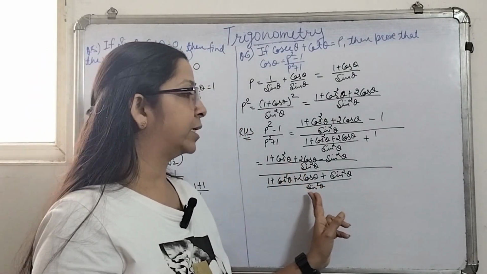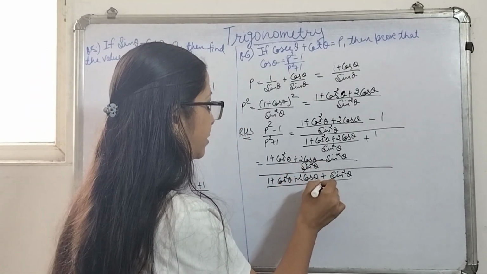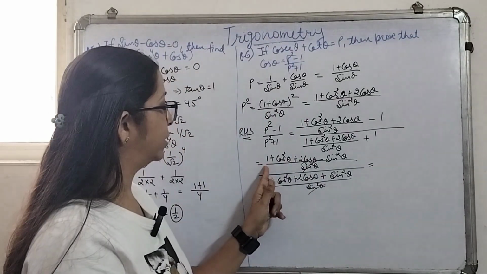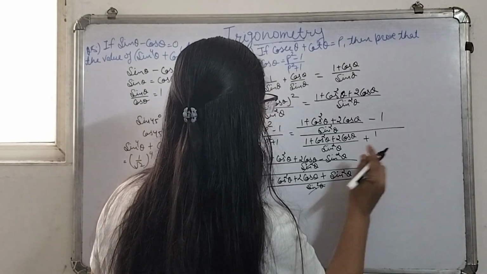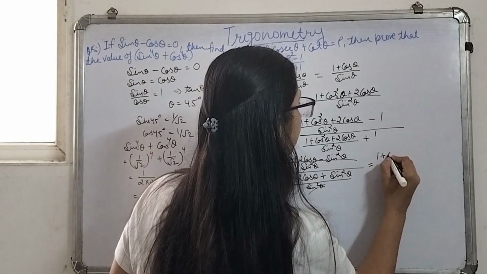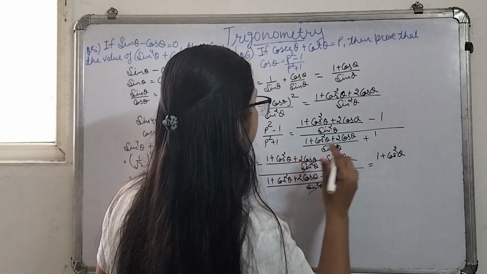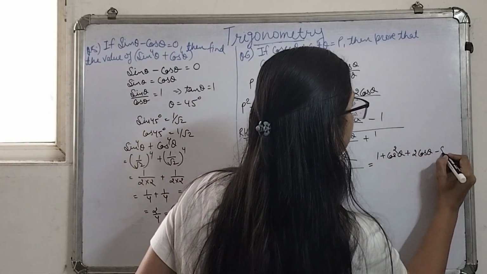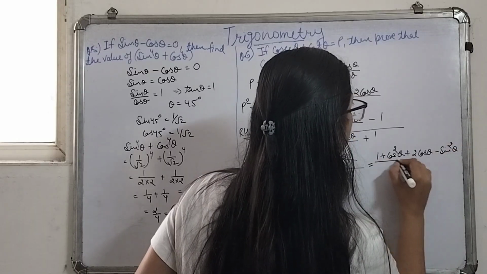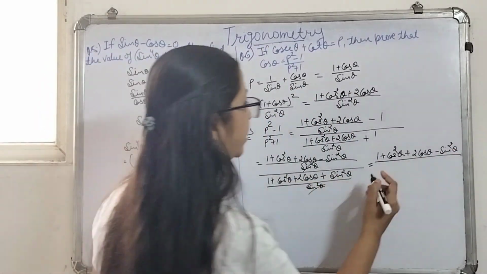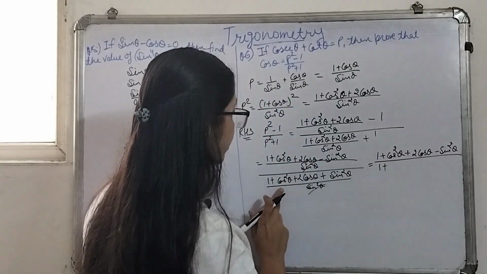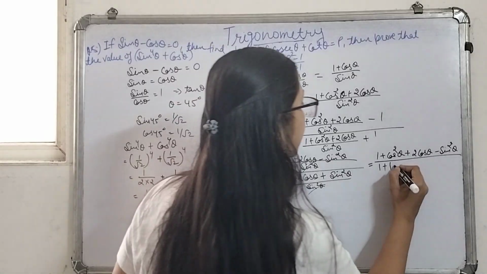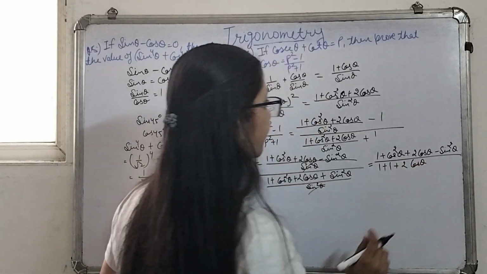Now this sin square theta and that sin square theta are going to cancel. So the numerator will be 1 plus cos square theta plus 2 cos theta minus sin square theta, over the denominator 1 plus cos square theta plus sin square theta plus 2 cos theta, which could be written as 1 plus 2 cos theta.